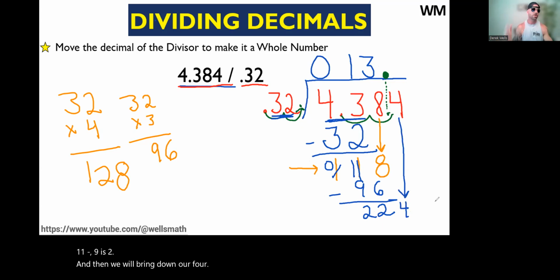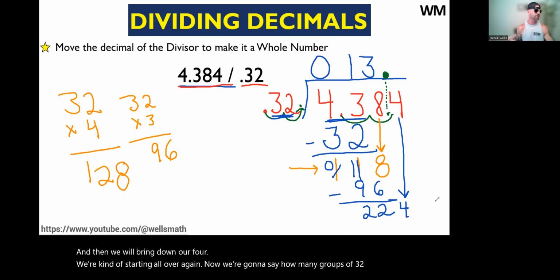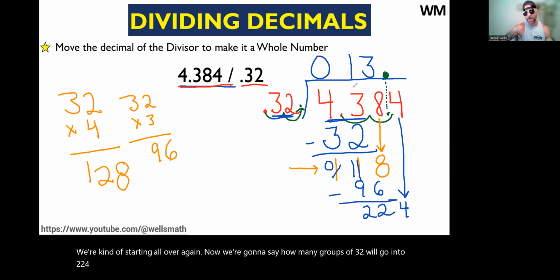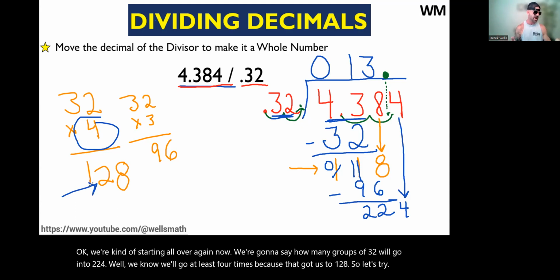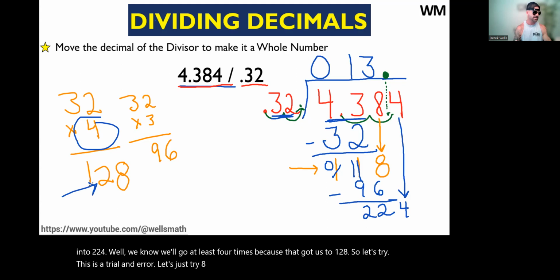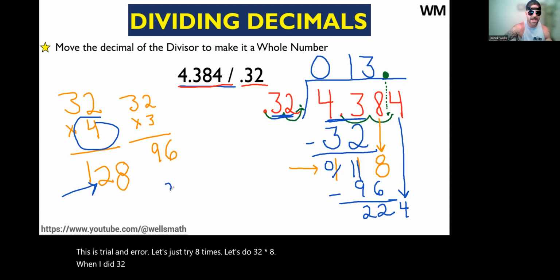Okay, we're kind of starting all over again now. We're going to say how many groups of 32 will go into 224? Well, we know it'll go at least 4 times because that got us to 128. So let's try, this is trial and error. Let's just try 8 times. Let's do 32 times 8. And I did 32 times 8. I got 256.